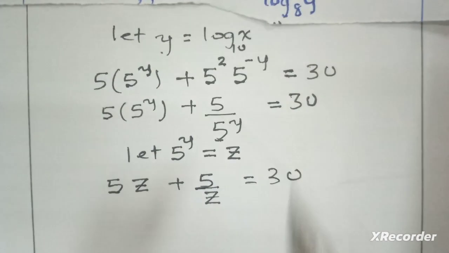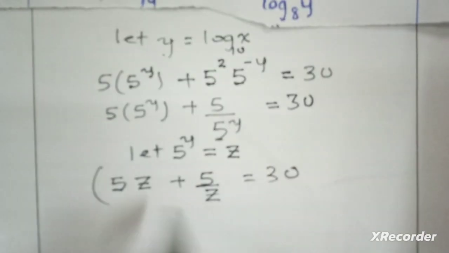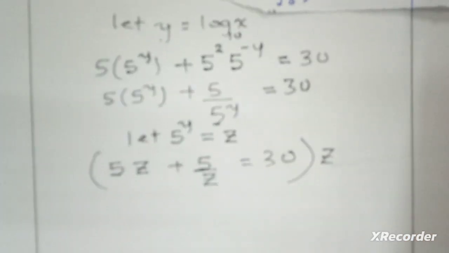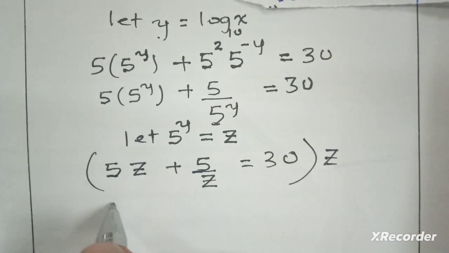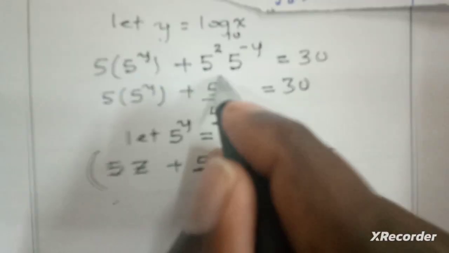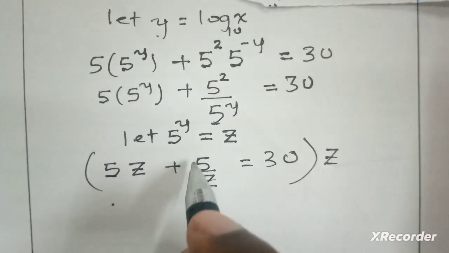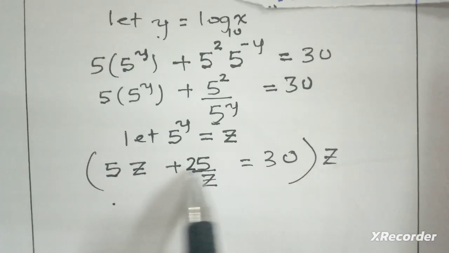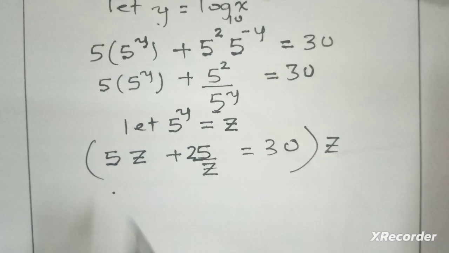Guys, I can now multiply throughout by z. If I multiply, I'll get 5z, and I forgot here, guys, this is supposed to be squared, and so here we have 25. This 5 is squared, so this is 25. I continue.